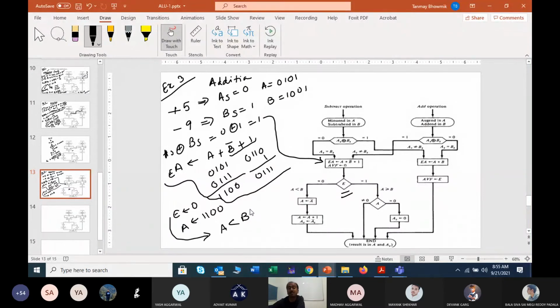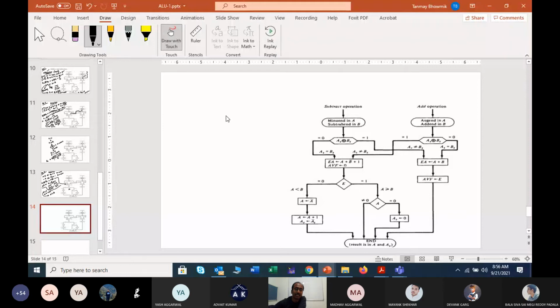So A less than B means what is actually happening? You are subtracting a higher number from a lower number because you are performing A minus B. So the result is negative basically. So that means you have to again take the 2's complement of the result, just like what we did earlier in digital design, right?